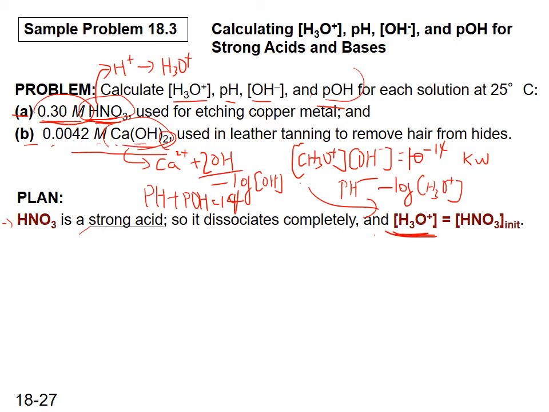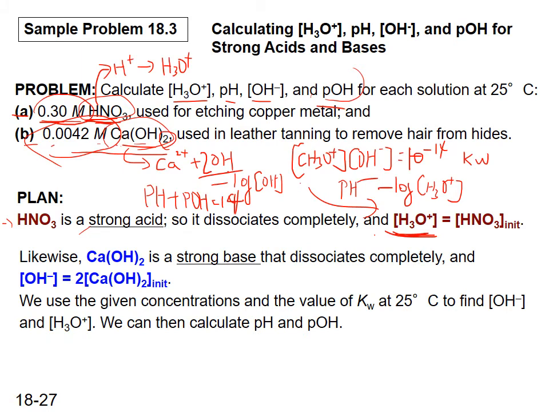And therefore, the concentration of hydroxide will be twice this amount. Now, again, this is only for strong acid and base. So for strong base, from this, you get hydroxide concentration, you need to times 2, because they dissociate into 2 of them.